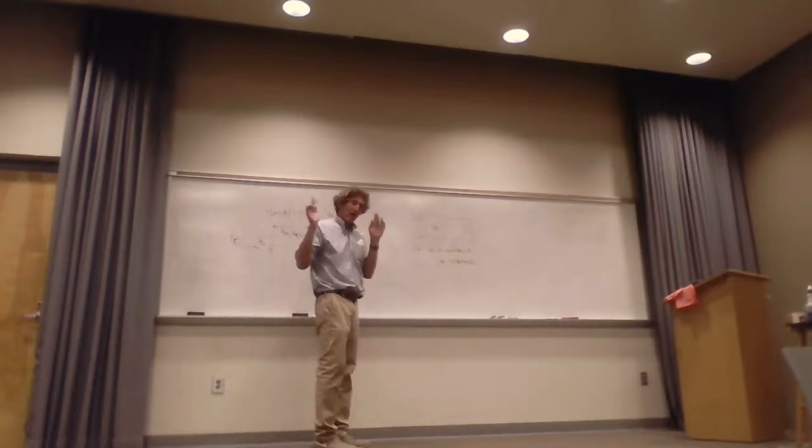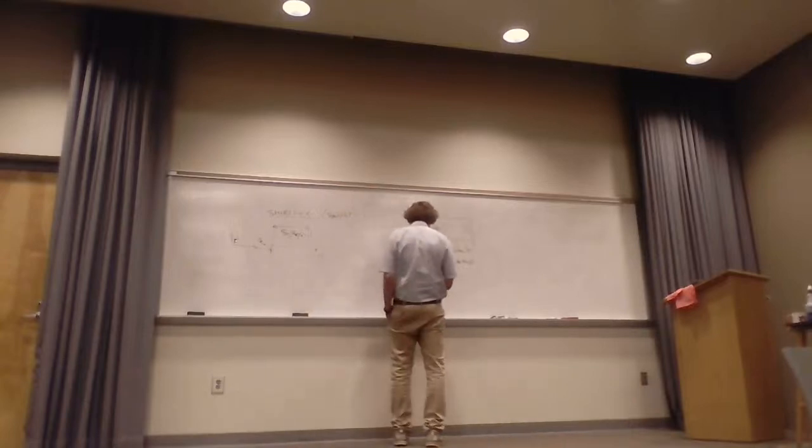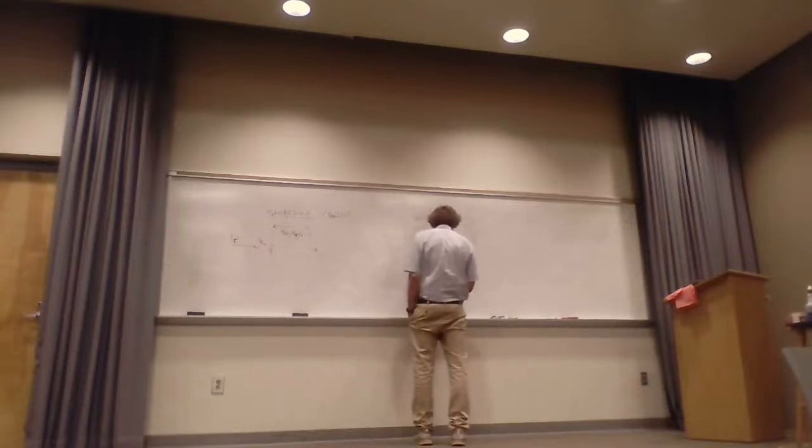For a, quote, lossy transmission line, it would be Z0, and you don't have to write this down, times (ZL plus Z0 hyperbolic tangent of gamma L) over (Z0 plus ZL hyperbolic tangent of gamma L), with no j.